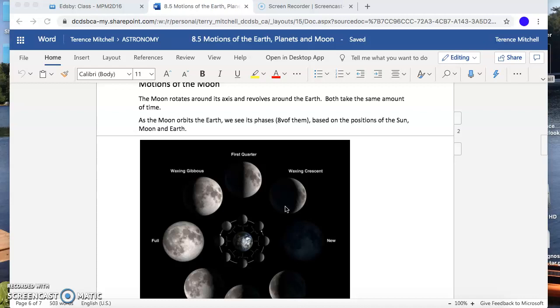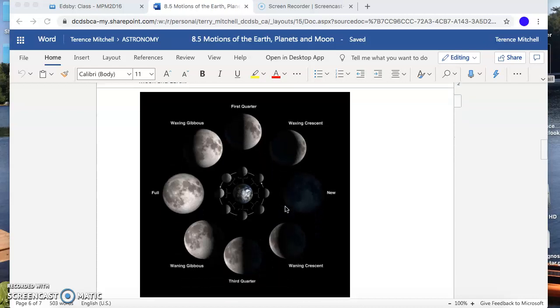It also will revolve around the Earth every month. Because both motions are at about the same speed, about every 30 days, we only ever see one side of the moon. As the moon is rotating, the same side is constantly facing us.